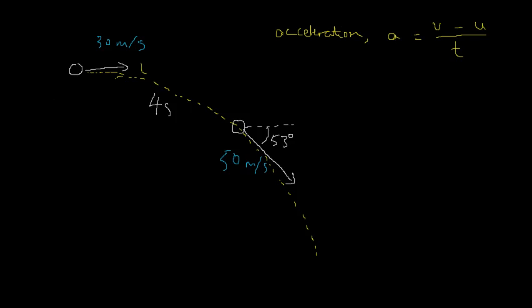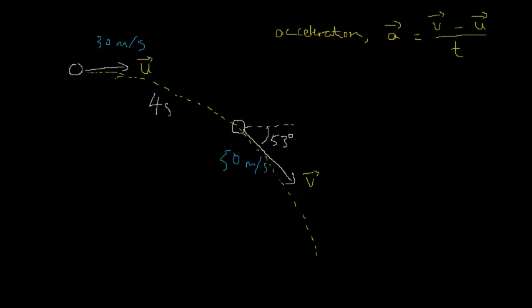We must actually think about the vectors directly. So that's the vector u for the initial velocity, and that's the vector v for the final velocity. So u is a vector, v is a vector, acceleration is a vector, time is not a vector, time is just a number.